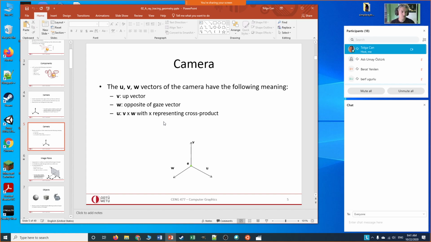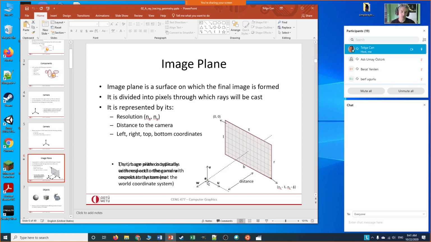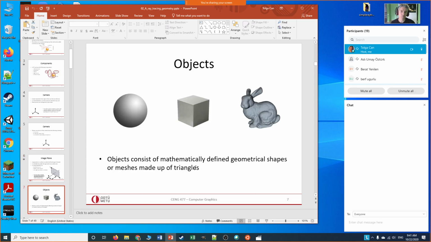Okay, so the plan for today is to finish these ray tracing geometry slides, which are basically to solve two things. First, to generate our rays from our camera focal point to the image pixels. After we have those rays, the next thing will be to intersect those rays with the objects.